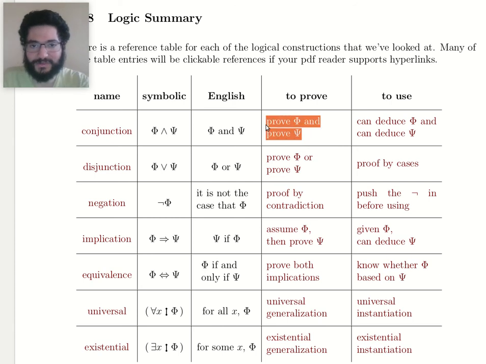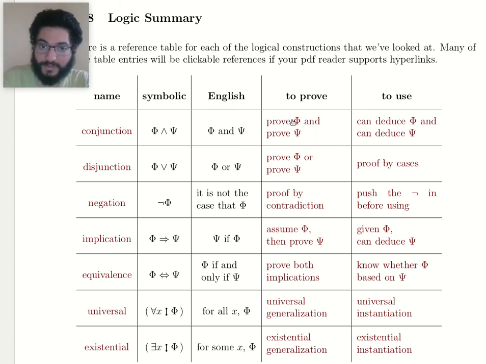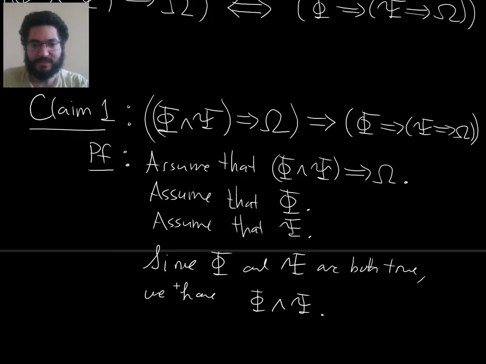So this is a little bit weird. You have to prove phi, and you have to prove psi, and that will be a way to prove phi and psi. So see how this and is a little bit different than the and here. So since we have phi and we have psi, it follows that we have phi and psi. Often this step is such a fine-grained detail that we just wouldn't write it. But at this stage, I'm writing it since we're at the level of caring about those kinds of details.